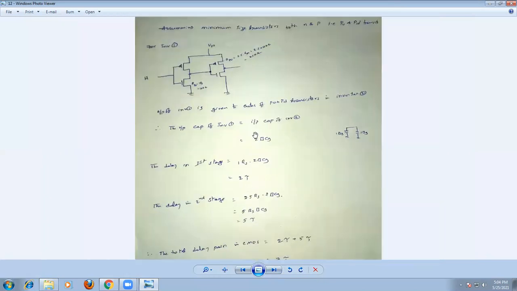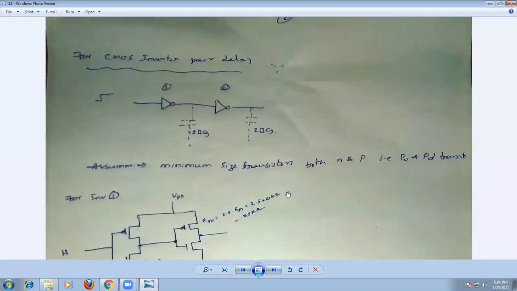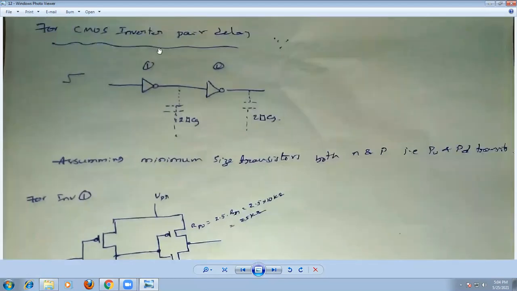How to calculate the delay in the CMOS technology? What is the difference? Now just observe here. Let us consider the pair once again, the CMOS pair, because we are going to analyze CMOS circuits.